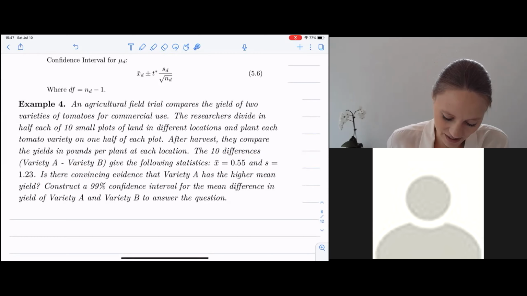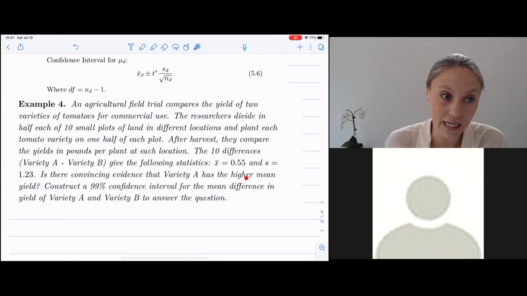Is there convincing evidence that variety A has the higher mean yield? Okay, so then we need to think about, if A is higher than B, and this is how we found our differences, what does that mean for us?